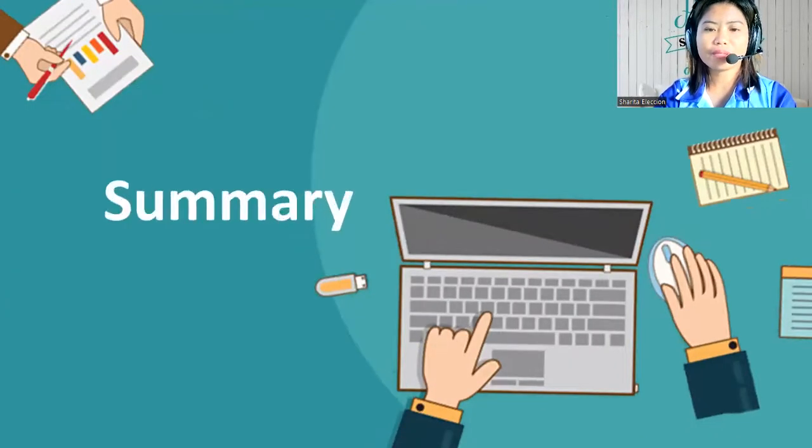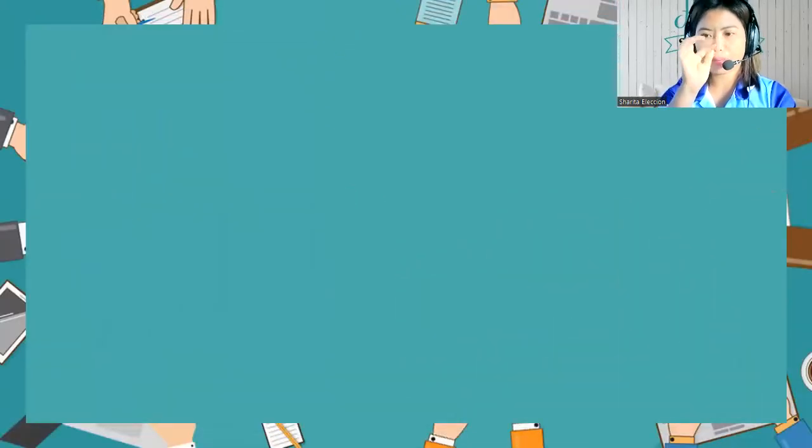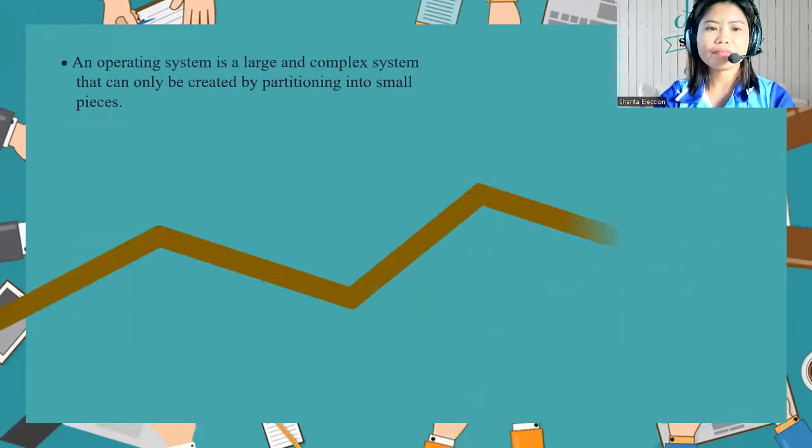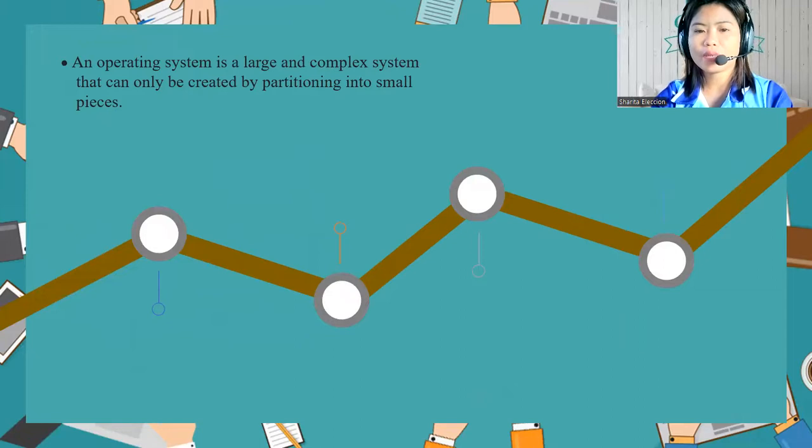Now let's proceed with the summary of the components of the operating system. An operating system, as we all know, is a large and complex system that can only be created by partitioning it into small pieces. That's why it is divided into components. We have 7 components.